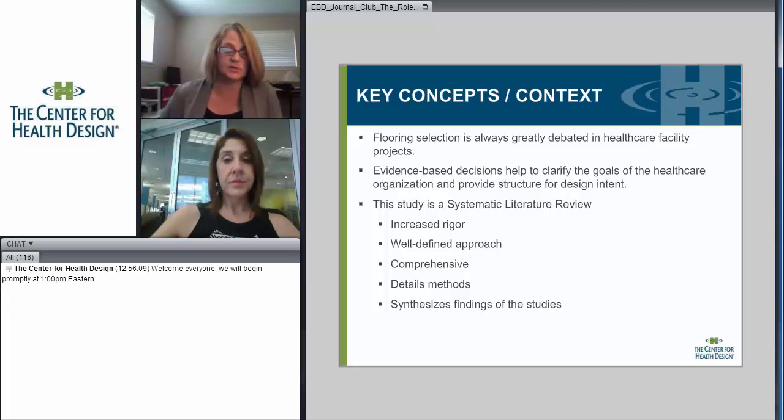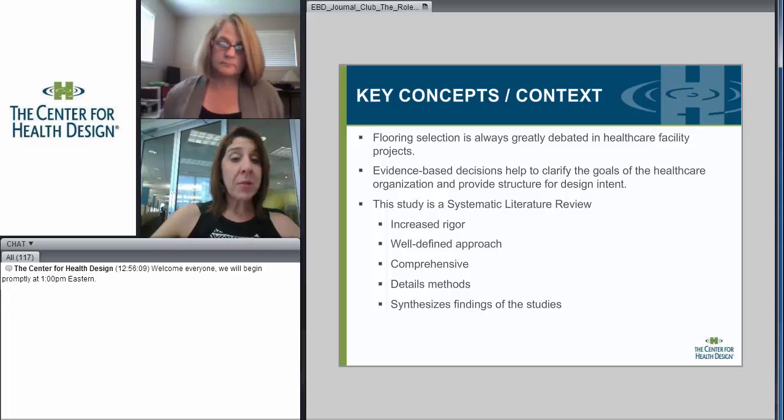And isn't part of being systematic, too, that using your description of how you did this study, other researchers could replicate this and would probably come to the same sort of conclusions that you did as well? Right. In fact, a systematic literature review, unlike some other literature reviews, is considered empirical research.